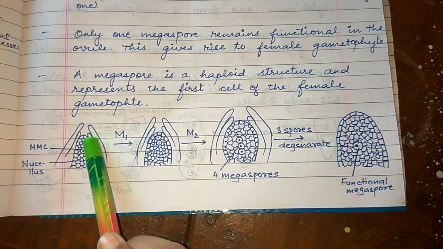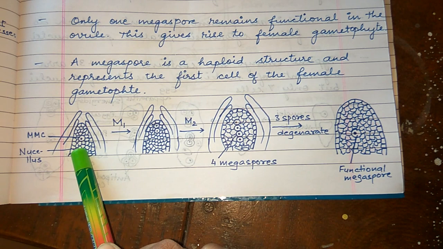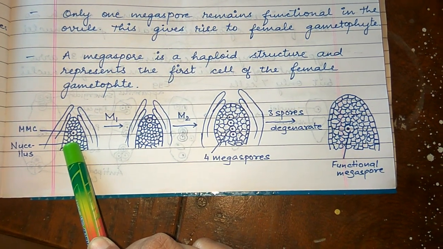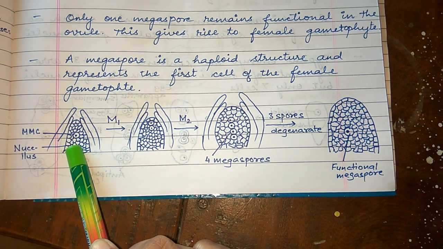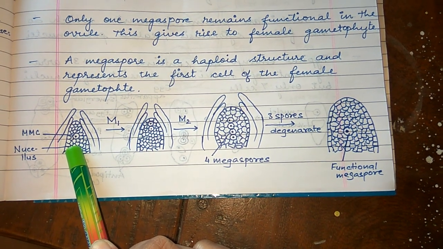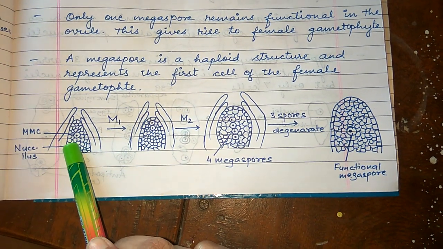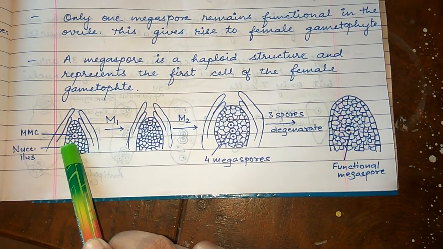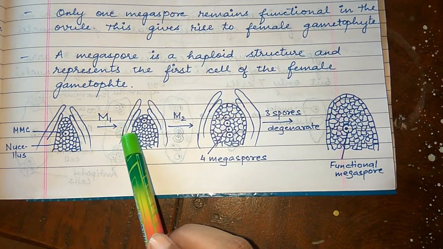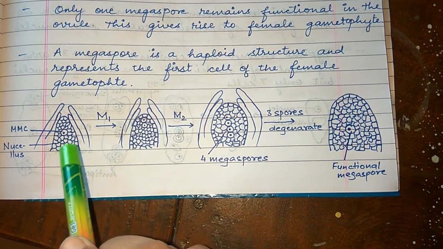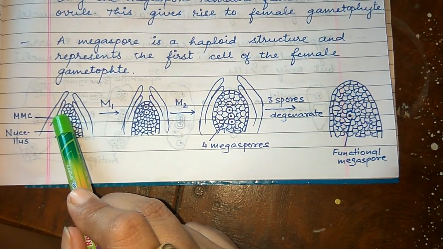This cell periclinally divides to form PPC and PSC. PPC means primary parietal cell and PSC means primary sporogenous cell. Now, primary parietal cell undergoes a few divisions where the sporogenous cell gets embedded in the nucellar mass.